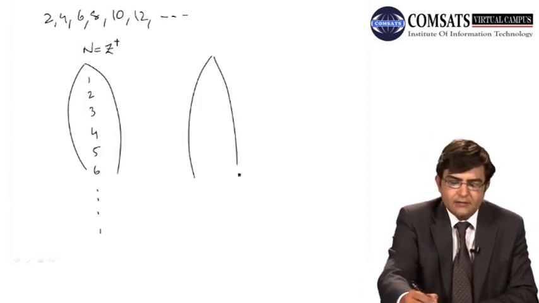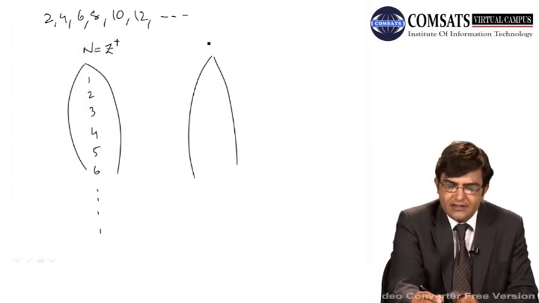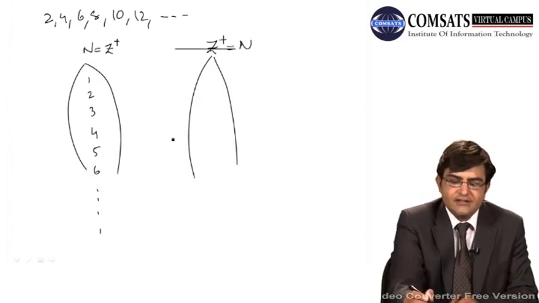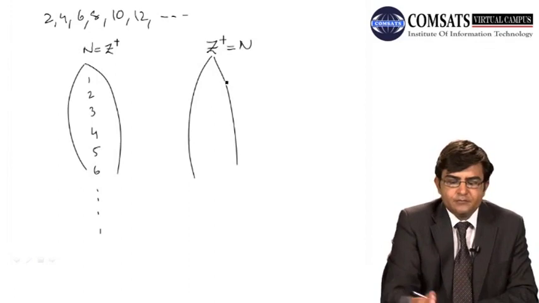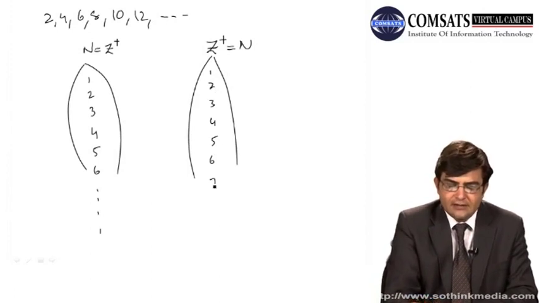The second set is again the set of positive integers, 1, 2, 3, 4, 5, 6, 7, 8, 9, 10 and so on.